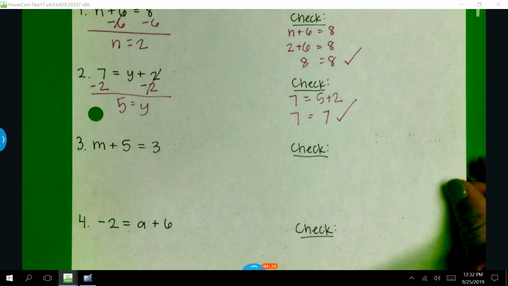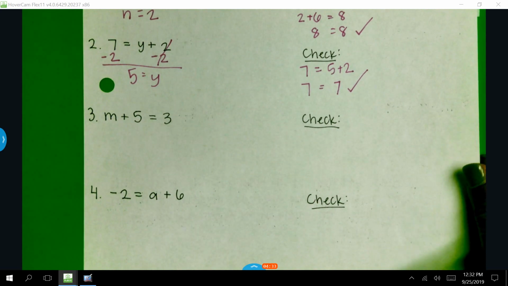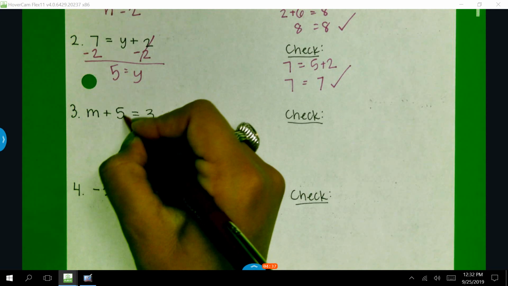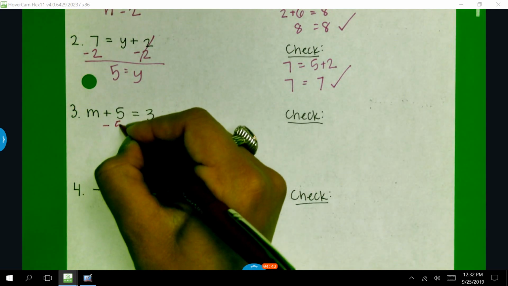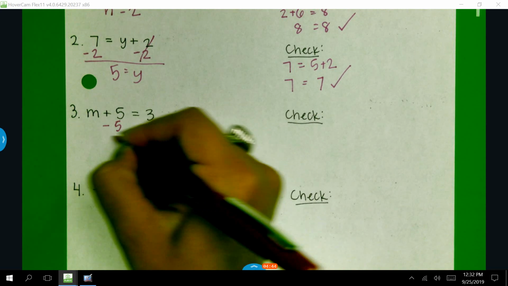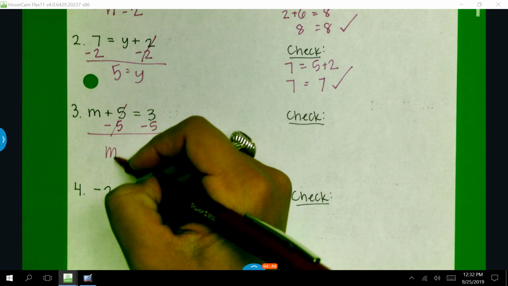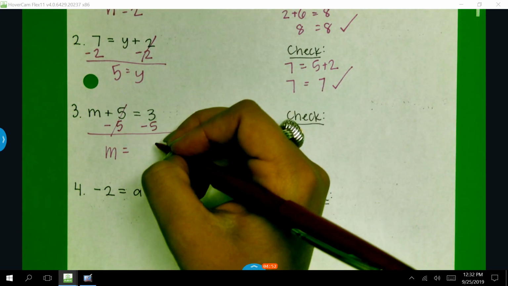Okay, number 3, I've got m plus 5 equals 3. So in order to get m by itself, what do I need to do here? Yeah, I want to take away 5. So I'm doing the opposite of plus 5, and I'm subtracting 5. So I'm left with m equals what? What is 3 minus 5?